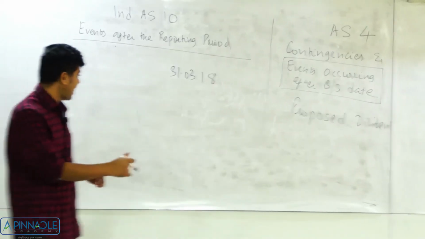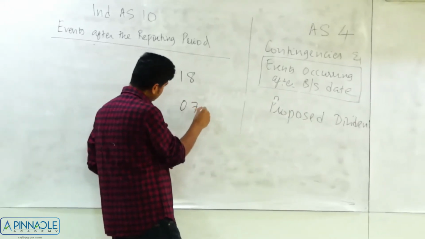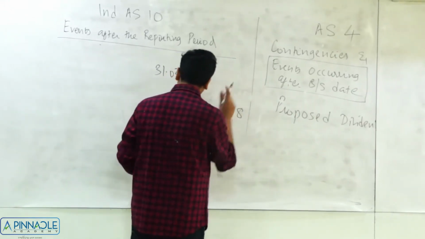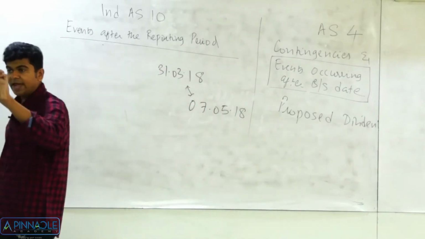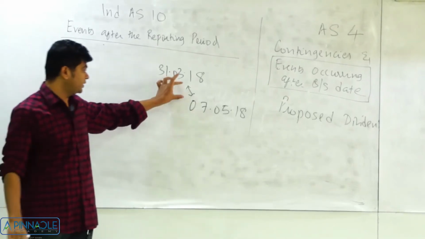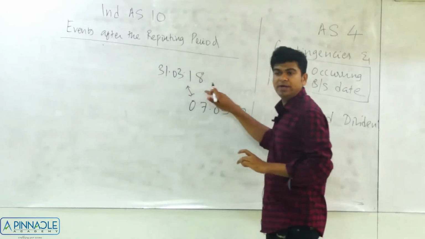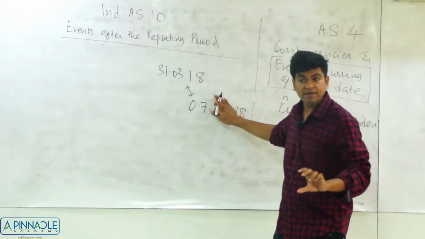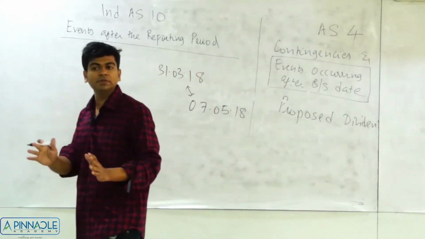So let us say that is happening on 7th May 18. So this time lag from the end of the period till the approval, during this period, if any event is occurring, what will be the effect of that event? That's the subject matter of the accounting standard.